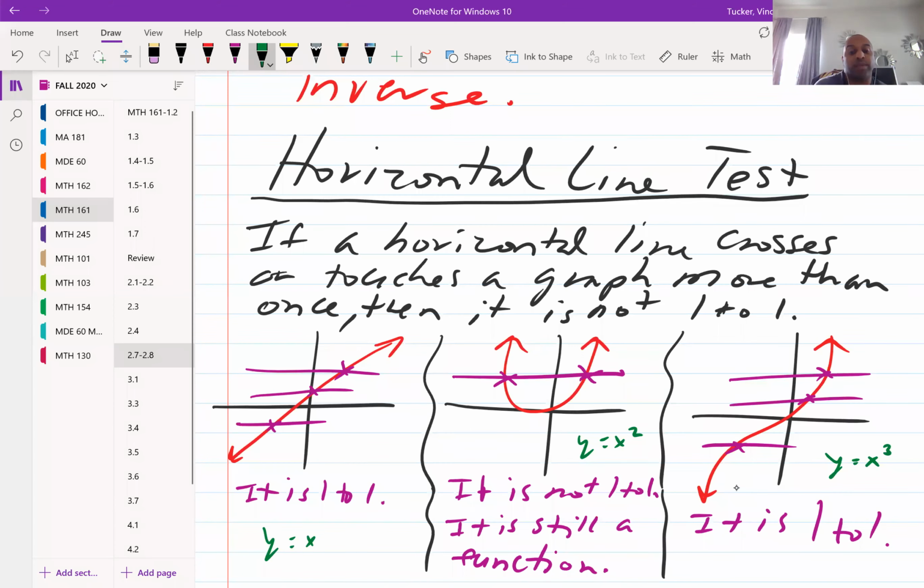It's not one-to-one, but it's still a function, just not a one-to-one function. Because remember we found out that it is a function. So it not being one-to-one does not stop it from being a function. It's just not a one-to-one function. And then a cubic equation is one-to-one.